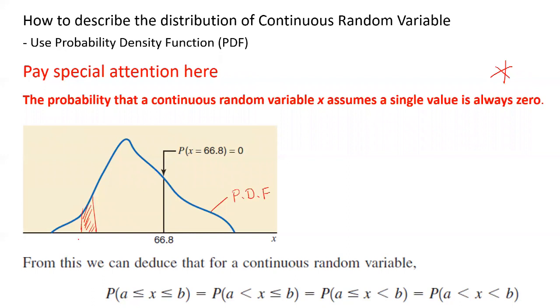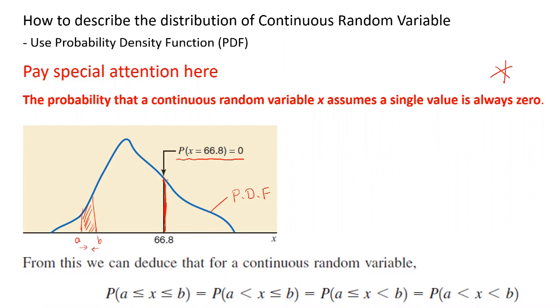Once the upper limit and the lower limit become one point, for example 66.8, the probability is actually 0.